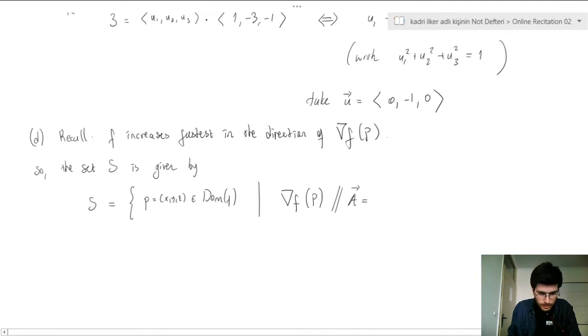And the vector a is, what was it? (2, 1, 2).